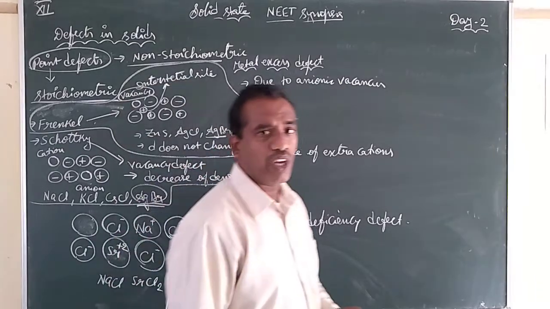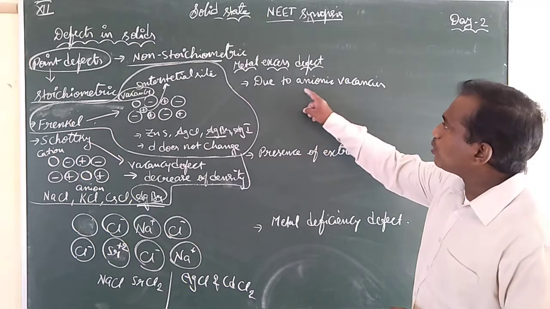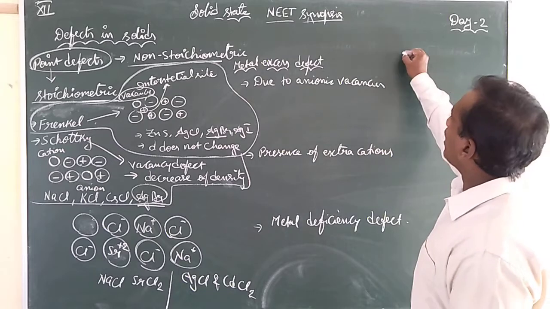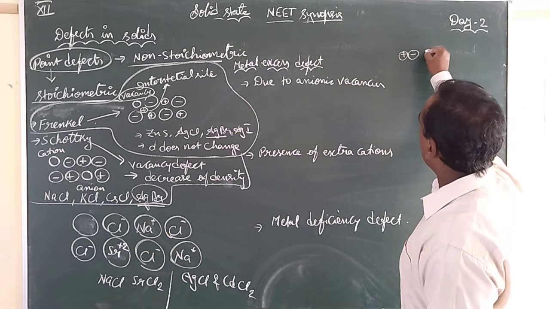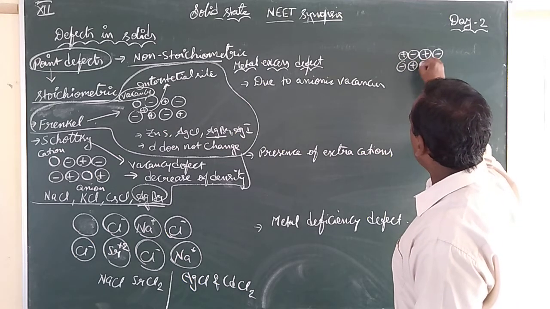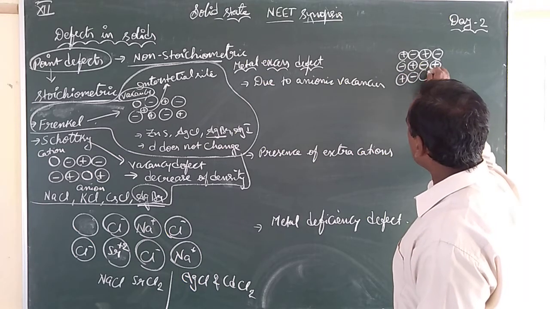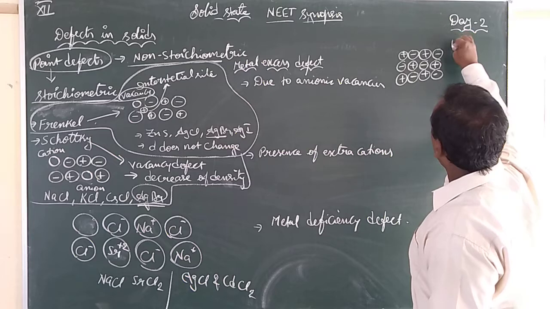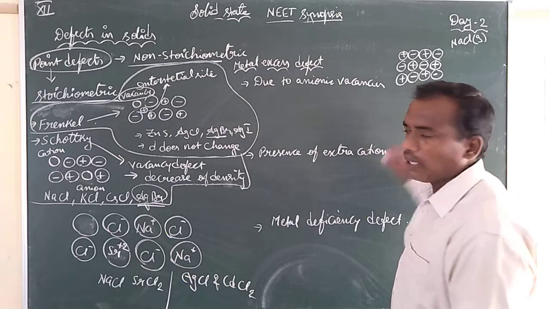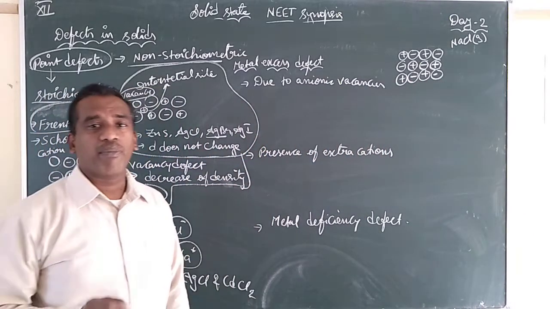Coming to the non-stoichiometric defect, I would like to say here in a shortcut, due to anionic vacancy. What does it mean? If you have sodium chloride and you are going to heat this sodium chloride in the presence of sodium vapor.